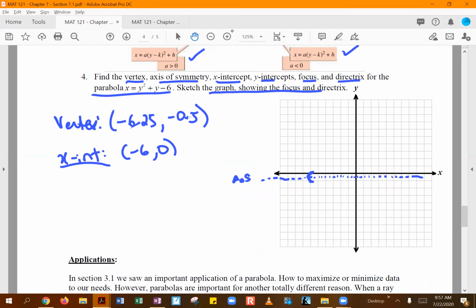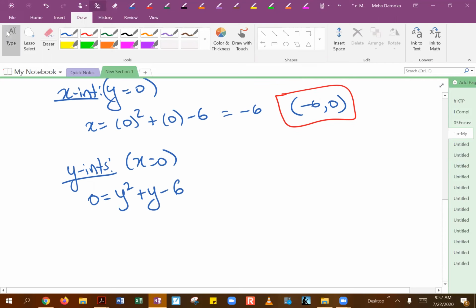So for the y-intercepts, we are going to make our x value 0. So that would be 0 equals y squared plus y minus 6. Can we factor this? Two numbers that multiply to give us negative 6 but add up to give us positive 1.